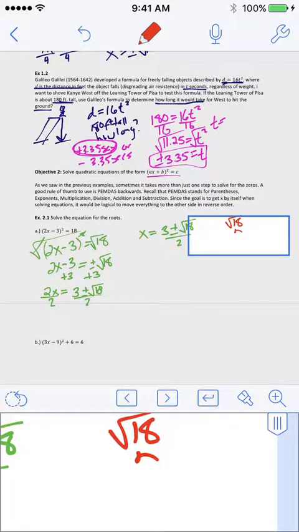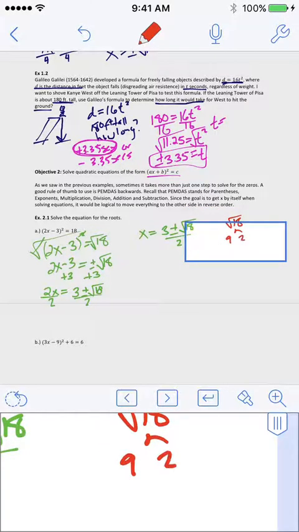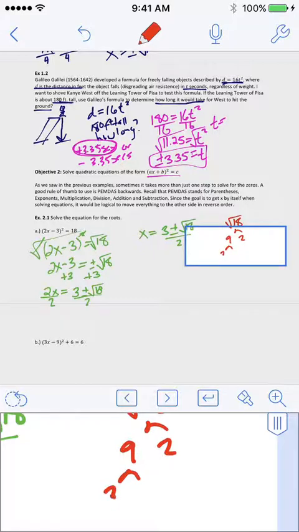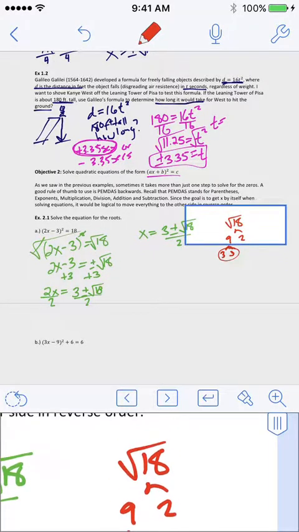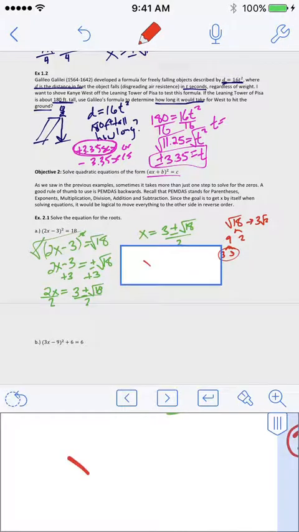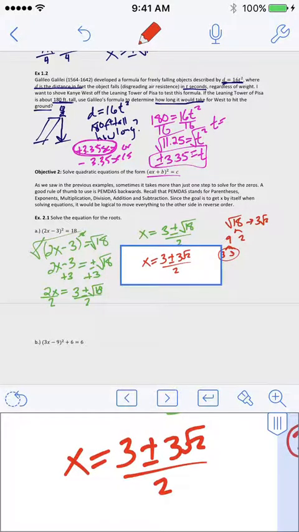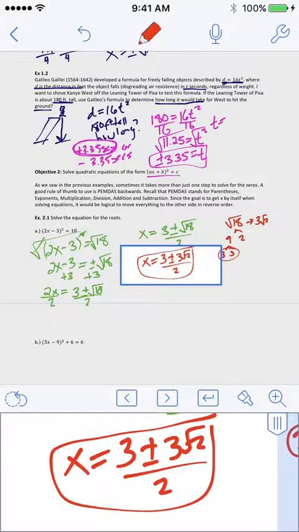Okay, so then we will factor this down. That's 9 and 2, 3 and 3. It looks like 3 root 2. So I can rewrite this as x equals 3 plus or minus 3 root 2, over 2. And I actually can't cancel anything that would help me, so that will be our final answer. But I did have to simplify that 18 just to make sure.